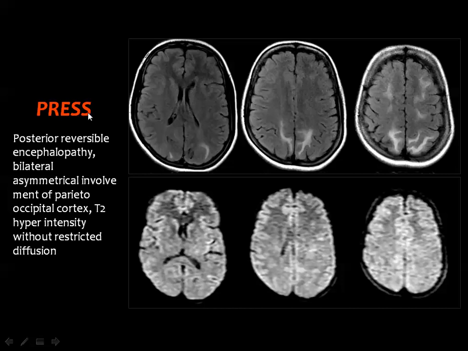In posterior reversible encephalopathy syndrome, you get bilateral, almost symmetrical lesions in the posterior aspects of the brain and in the posterior fossa as well. These lesions are hypointense in the T1, hyperintense in the T2 and the FLAIR images with free diffusion.